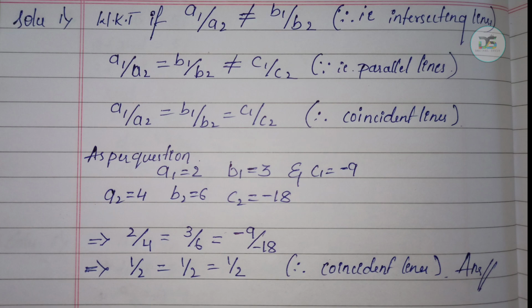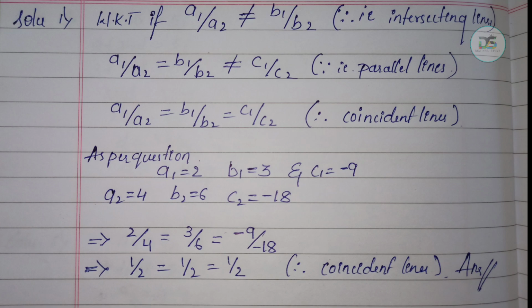Here we know that if a1 divided by a2 is not equals to b1 divided by b2, it is an intersecting line. a1 divided by a2 is equals to b1 divided by b2 is not equal to c1 divided by c2, then it will be a parallel line. a1 divided by a2 is equals to b1 divided by b2 is equals to c1 divided by c2, then it is a coincident line. As per question, we know that a1 is equals to 2, b1 is equals to 3, c1 is equals to minus 9.